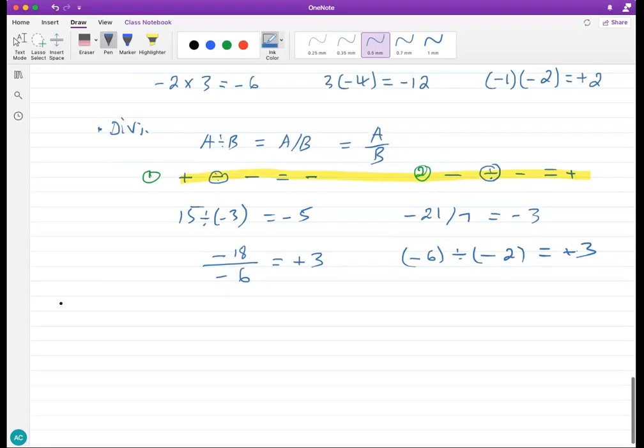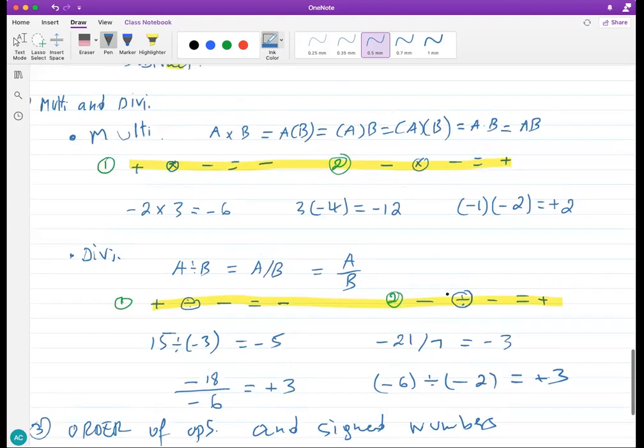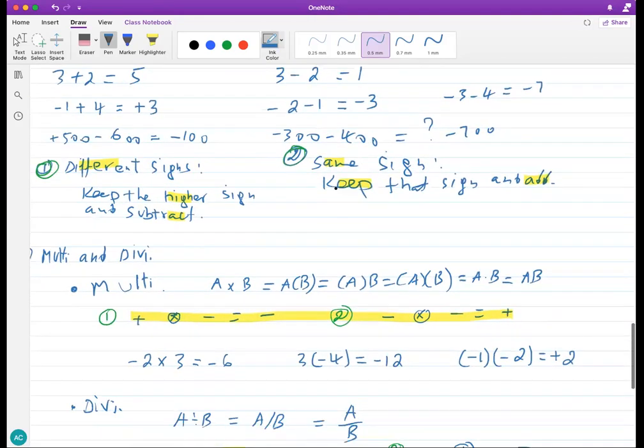So we can call this number 3: order of operations and signed numbers. There's another name for these: signed numbers, because you can see these negatives everywhere, this and that. We call them signed numbers.